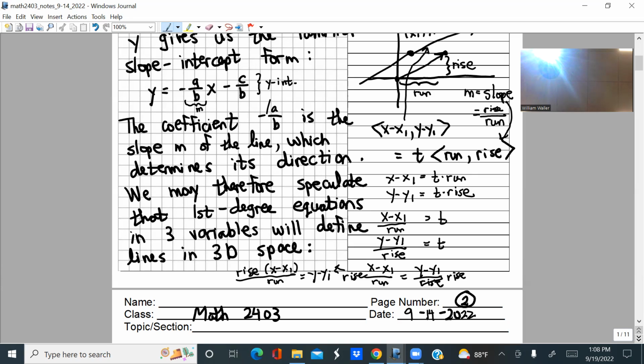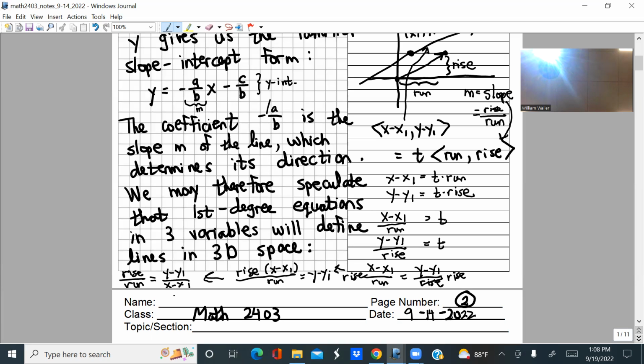Now I'm going to divide both sides by x minus x1. When you divide that out of the left-hand side, that goes away, so you just get rise over run. When you divide it on the other side, it's just divided into that side because it's not going to cancel.